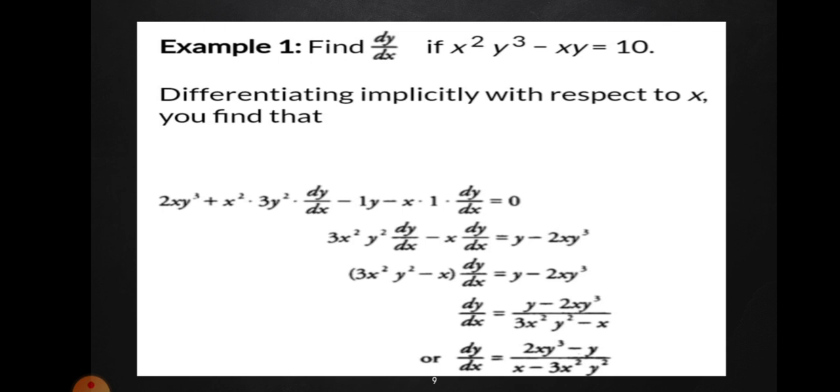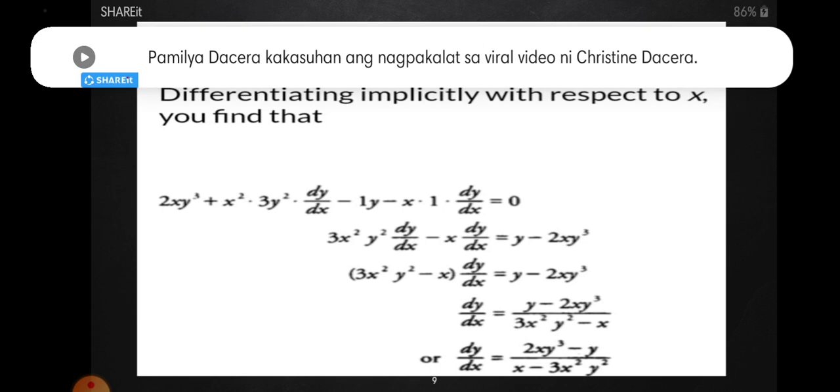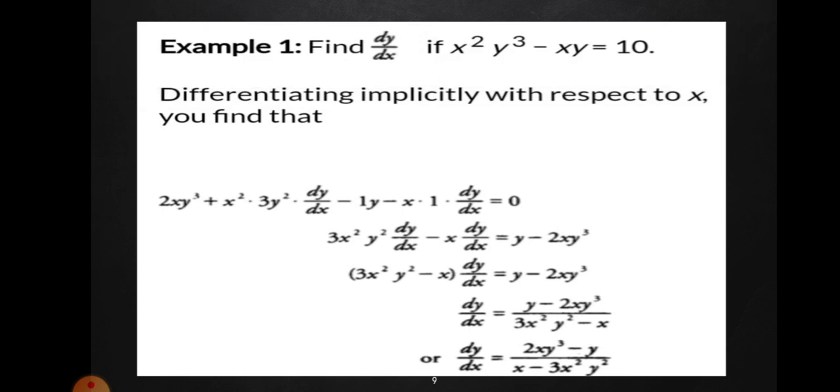So the result is dy over dx, the implicit differentiation, is equal to y minus 2xy cubed over 3x squared y squared minus x, or dy over dx is equal to xy cubed minus y over x minus 3x squared y squared.